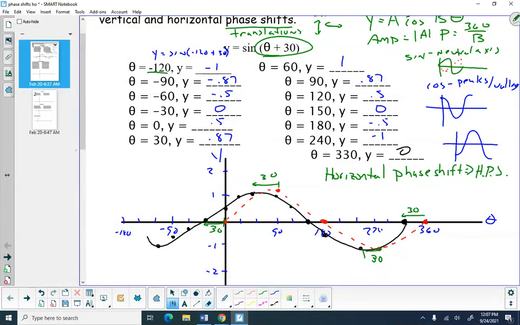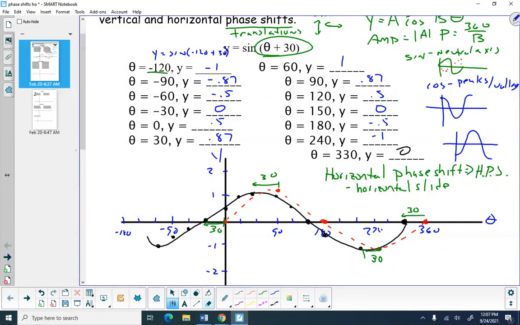And if we have y plus 30, that tells us what our horizontal phase shift is. But the problem we run into is going to the left, which is typically a negative thing. So how we deal with this is we take a look at, and this is called a horizontal slide, just a horizontal slide.